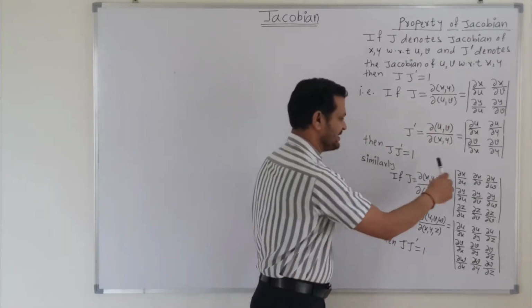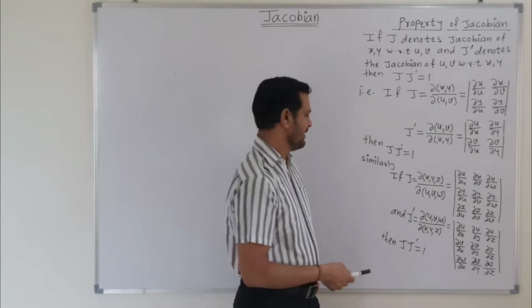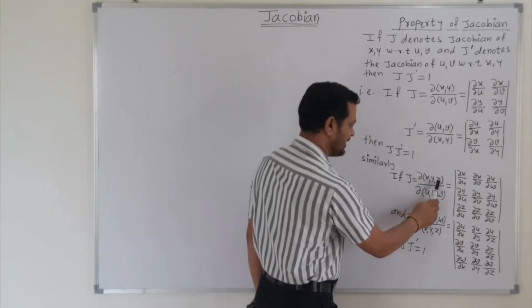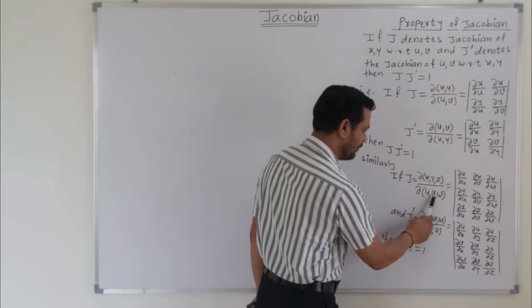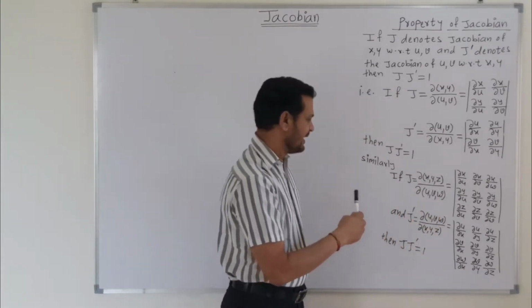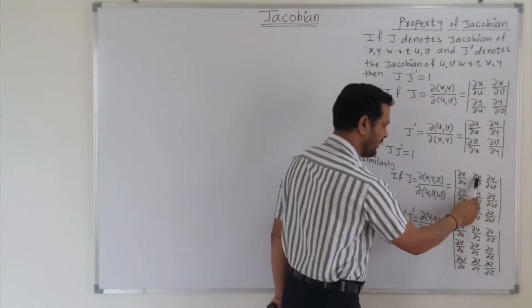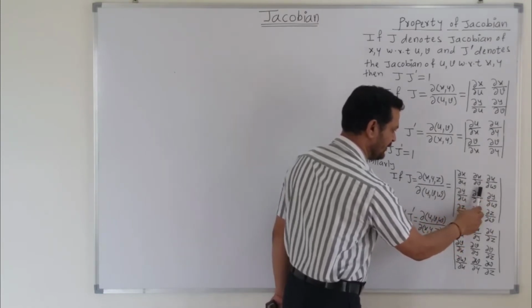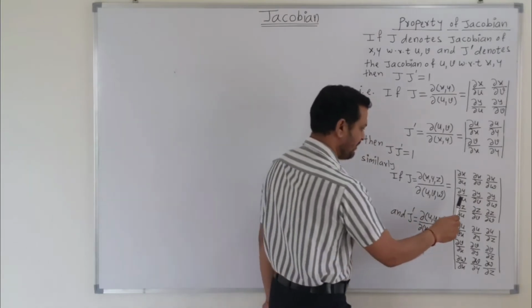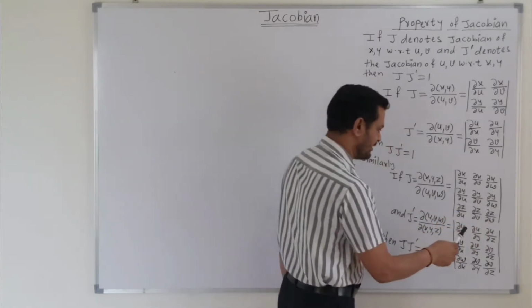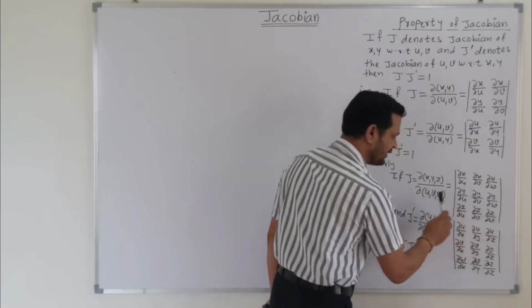The same concept is applicable for three independent variables. If J is the Jacobian of x, y, z with respect to u, v, w, then its definition is the determinant of the partial derivatives of x with respect to u, v, w, similarly of y with respect to u, v, w, and of z with respect to u, v, w.